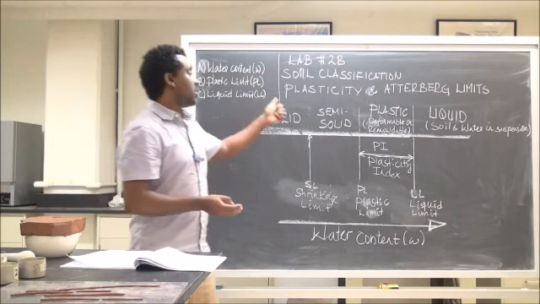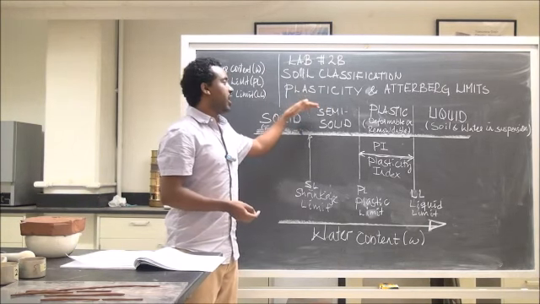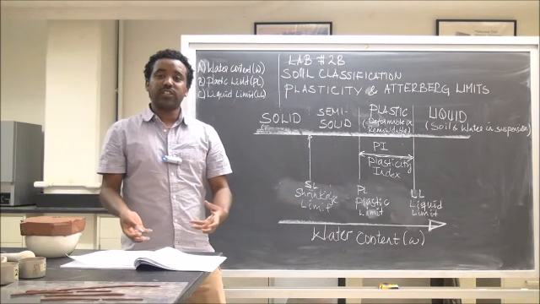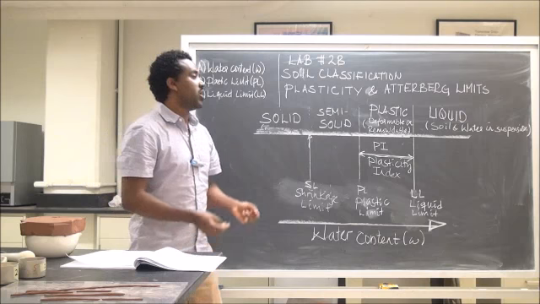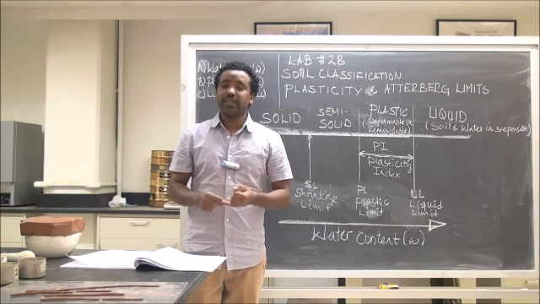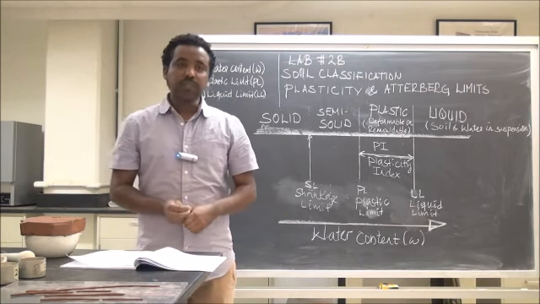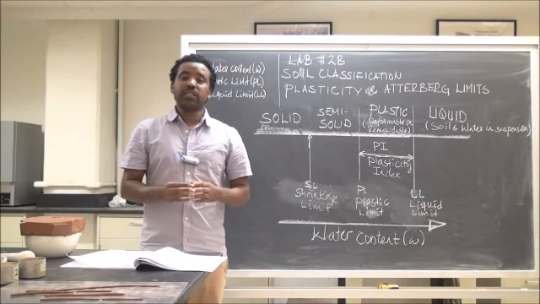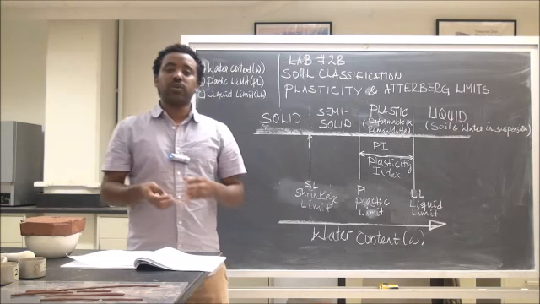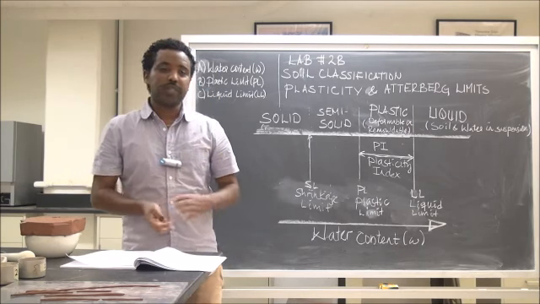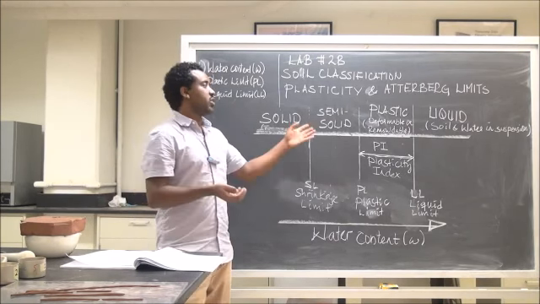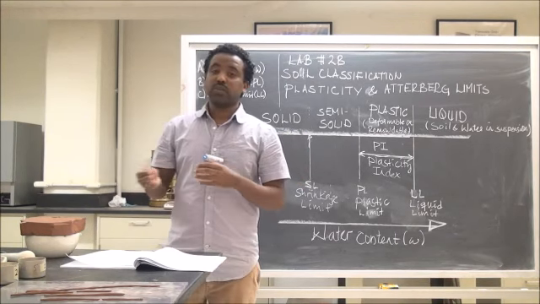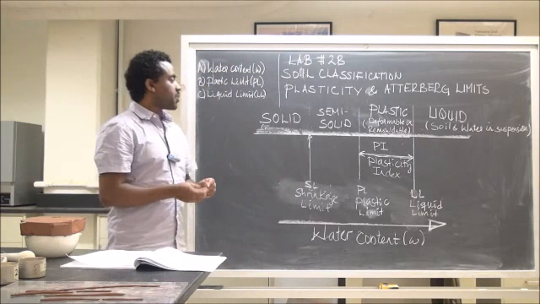These tests are conducted to determine the plastic nature of fine-grained soils, which are clays and silts. Clays show naturally higher plasticity, while silts show slight plasticity or no plasticity. So this is one way of identifying whether that soil is clay naturally or silt.